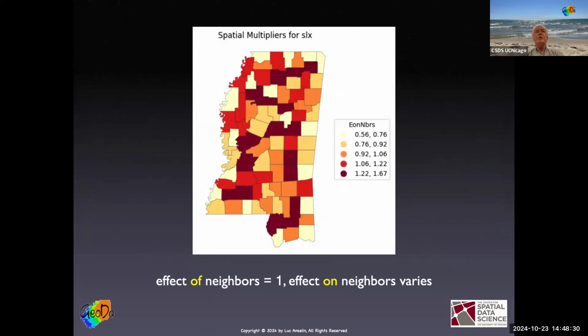It's all the same. But the effect on the neighbors shows you that there's quite a difference, and shows you specifically that these well-connected ones, this was the most connected ones, have the most bang for the buck. And these less connected ones, typically near the boundary, have much less effect on their neighbors.